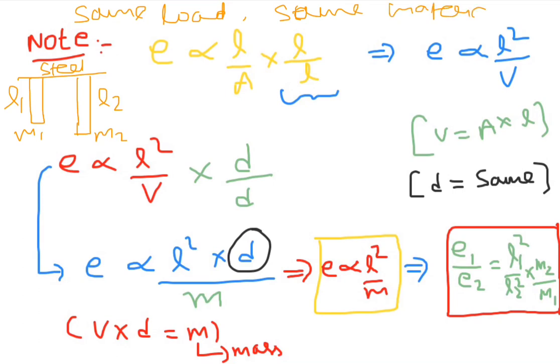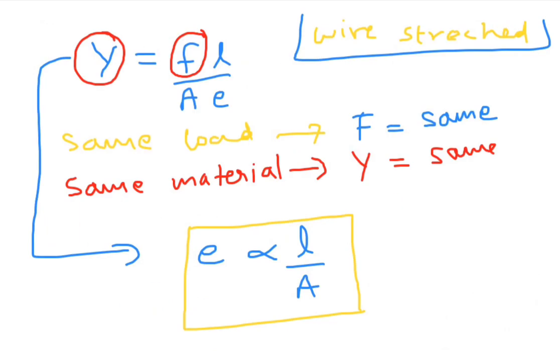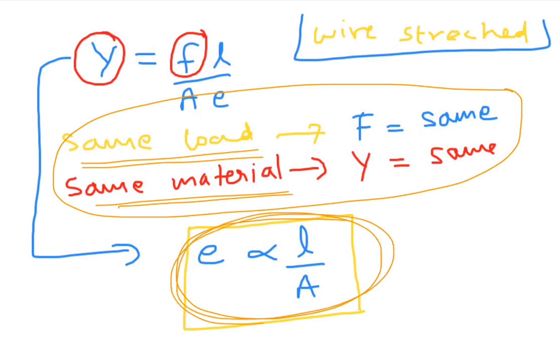Already I told you long back what happens when same material and same load are taken. Observe, the two wires are made of the same material and are applied the same load. Then I can write E is proportional to L by A.